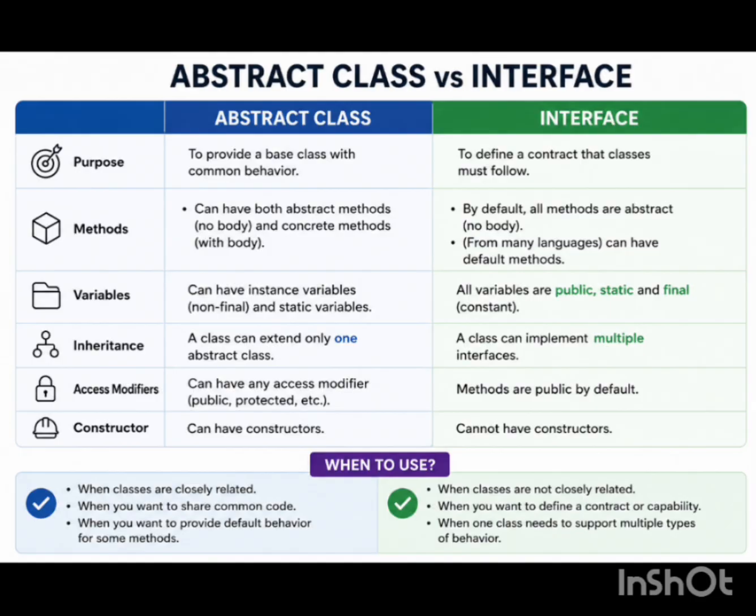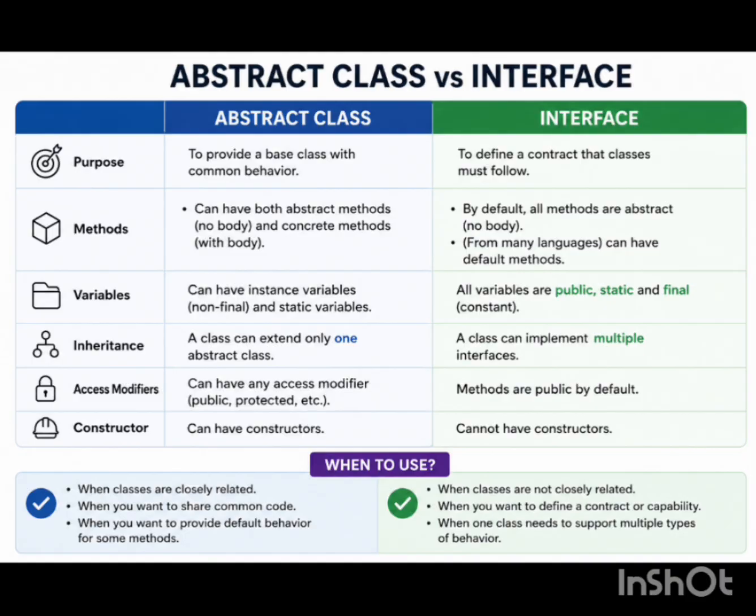If both have the same method name, class C gets confused about which method to implement. This is what we call the diamond problem in C#, and that's why C# doesn't support multiple inheritance.